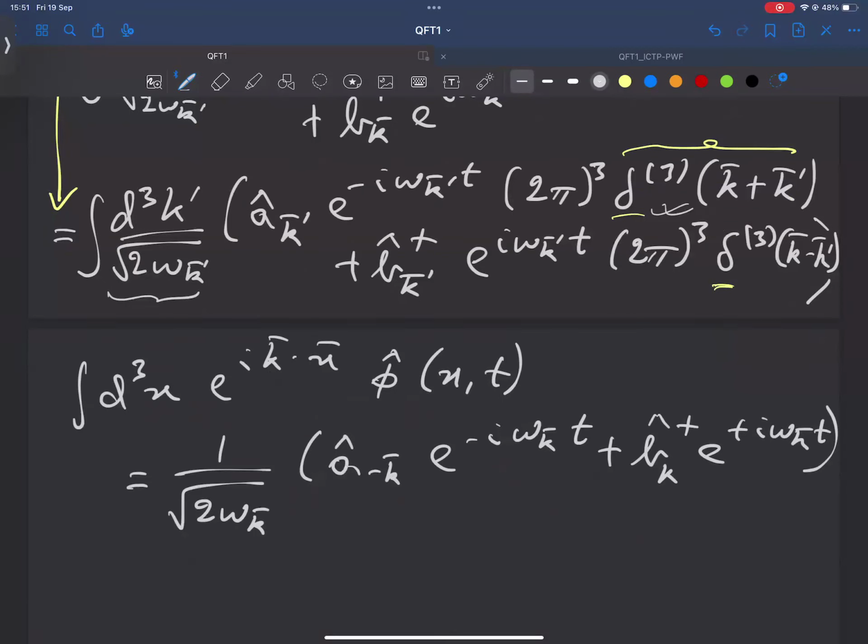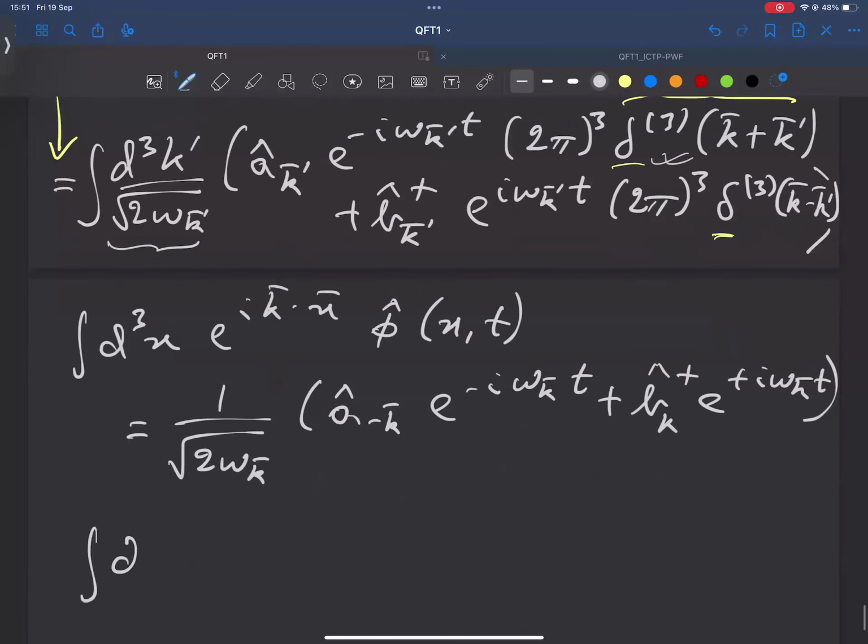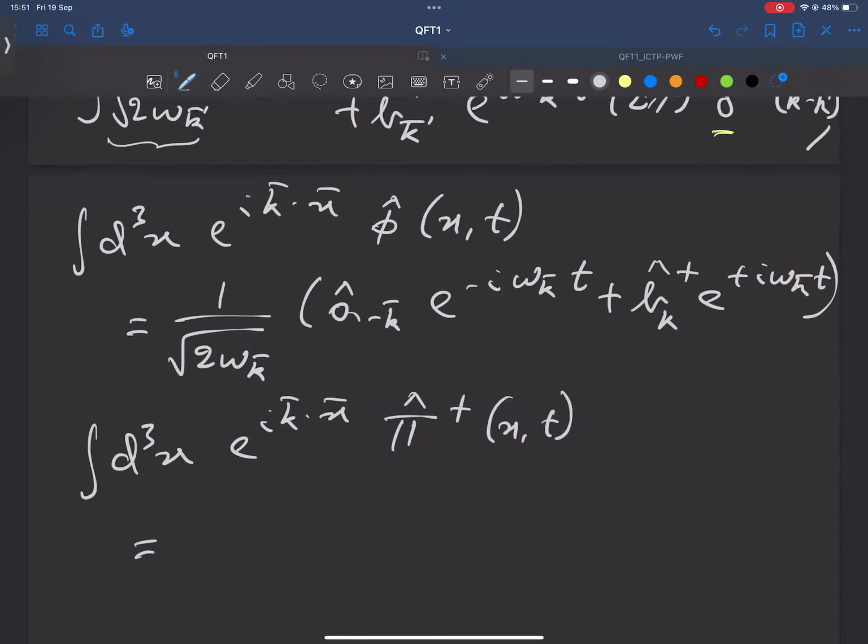And if we do a similar thing for the pi dagger, we get this equation. Again, I apologize, it's a bit tedious, but just bear with me.